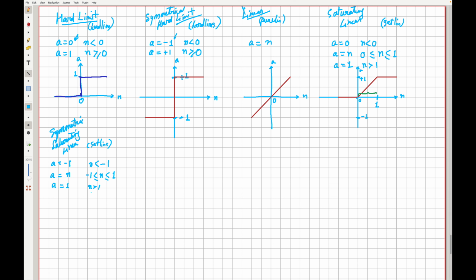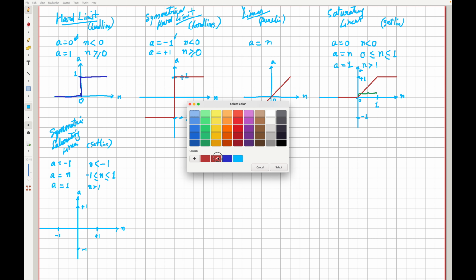So if we try and draw this, let's say that's our y-axis, this is our x-axis, and here we have the value for n, this is the values for a, and let's say this is +1, and here we have -1. Again, let's say this is the +1 for n, and this is the -1 for n. Then the way we would draw this is as follows.